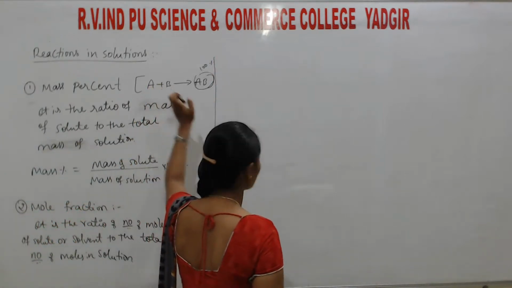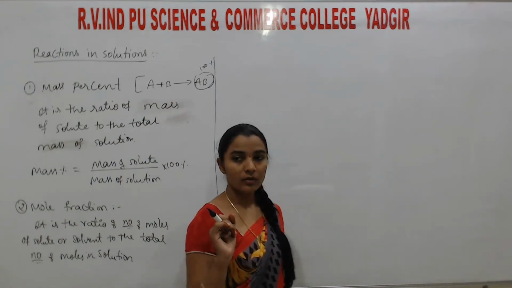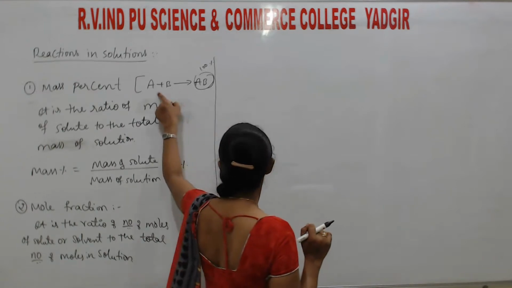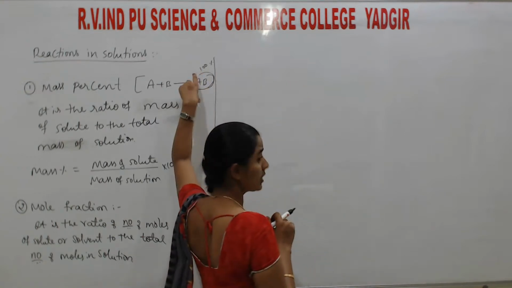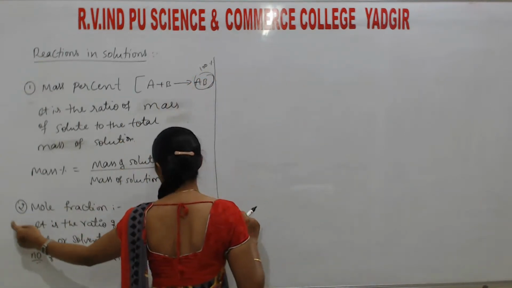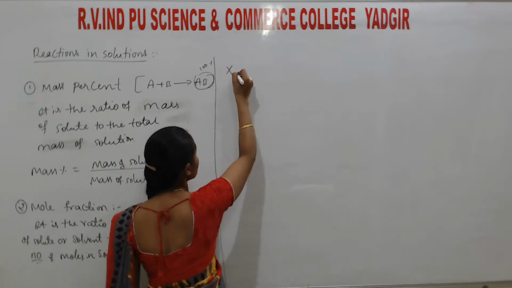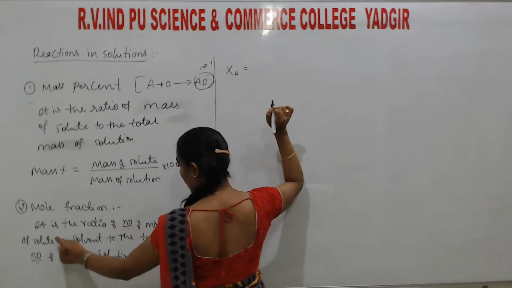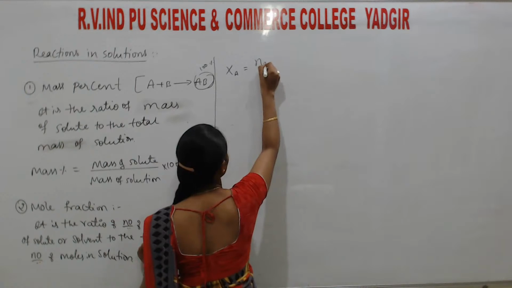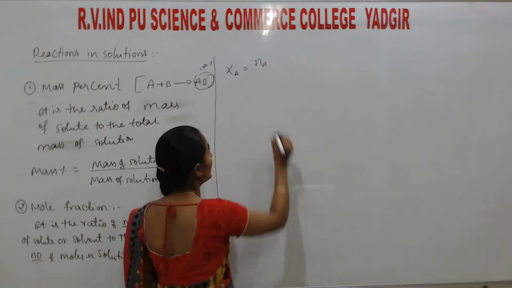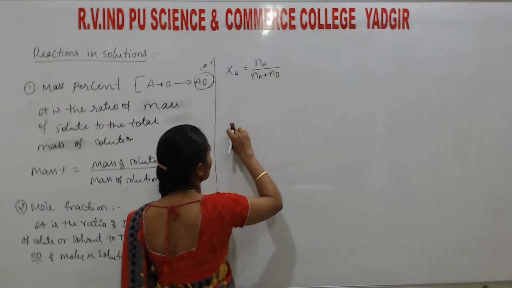If A and B are the solvent and solute, combined together to form a solution AB, so we want mole fraction. Mole fraction is represented by X. So mole fraction of A means number of moles of A, moles is represented by N, you know that, divided by total number of moles in solution.